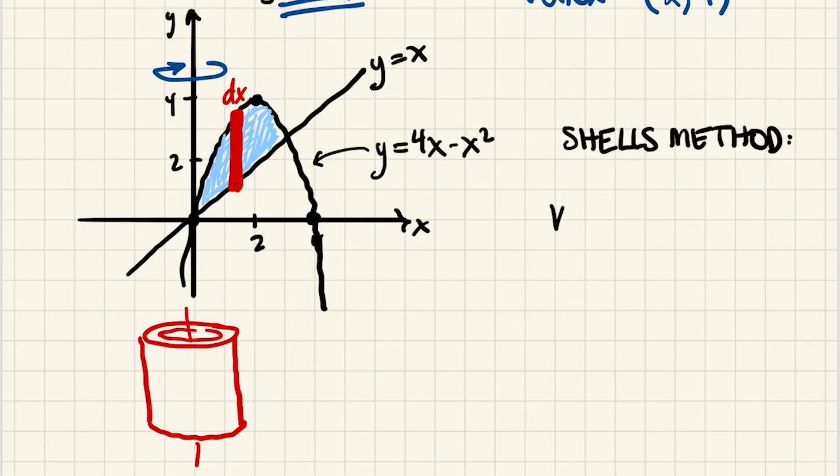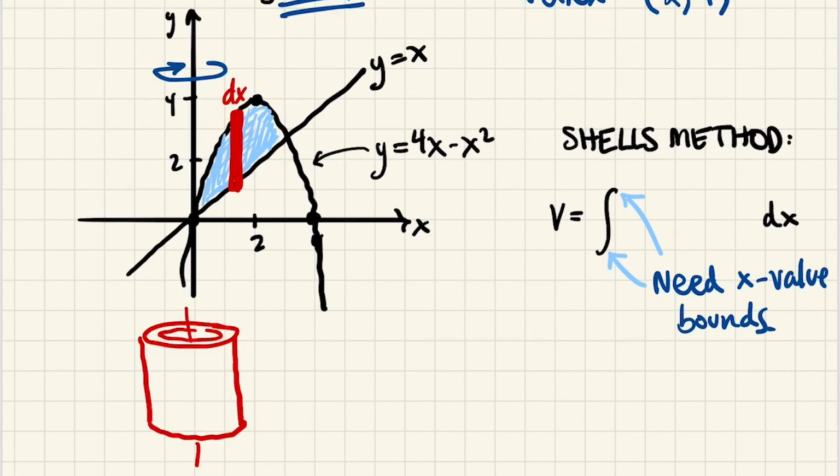So our volume is going to be the integral of something dx, because that's the only decision we've made, is choosing the dx. But because we're choosing to integrate with respect to x, it means that the bounds of our integral are going to be x values. And the integrand is going to be 2 pi times r and h.